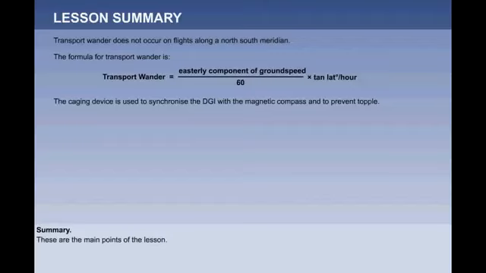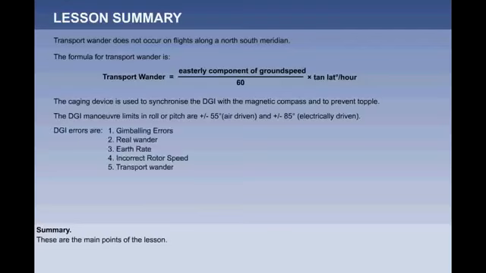The caging device is used to synchronize the DGI with the magnetic compass and to prevent topple. The DGI maneuver limits in roll or pitch are plus or minus 55 degrees, air-driven, and plus or minus 85 degrees, electrically driven.